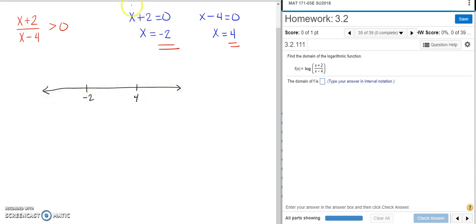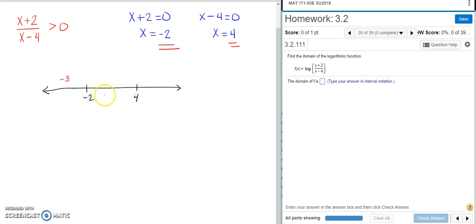And what I want you to do is pick a couple values, like one value from each section, and we're going to kind of test it out and see what happens. This is us kind of experimenting here. So if I pick a number in this section, let's say we could pick negative 3, we could pick negative 4, negative 5, any value that's less than negative 2. Then we'll pick a value in the middle.